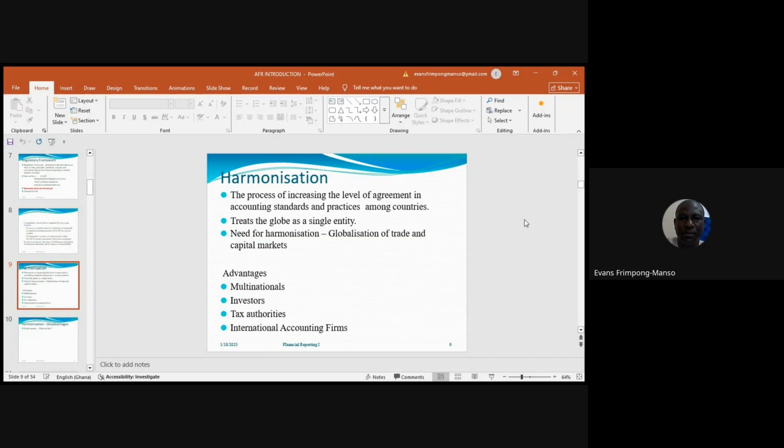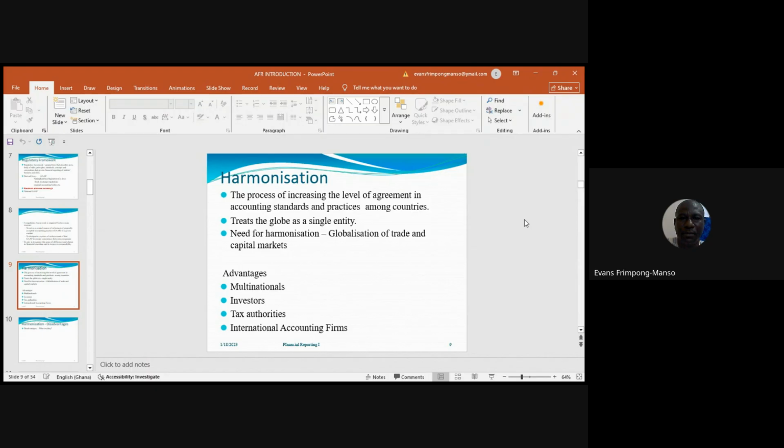You can buy, you can sell, you can invest. But before you can do that, the system of preparing a financial statement has been harmonized so that you understand how those countries prepare their financial statement, you understand their tax laws, you understand various things that are normally taken into consideration by one country in respect to the other.